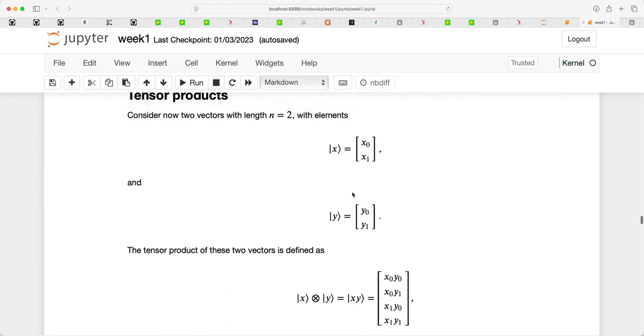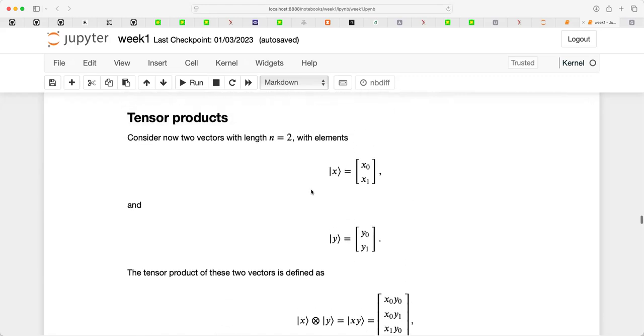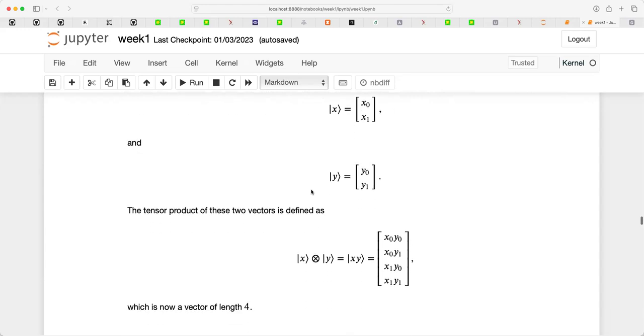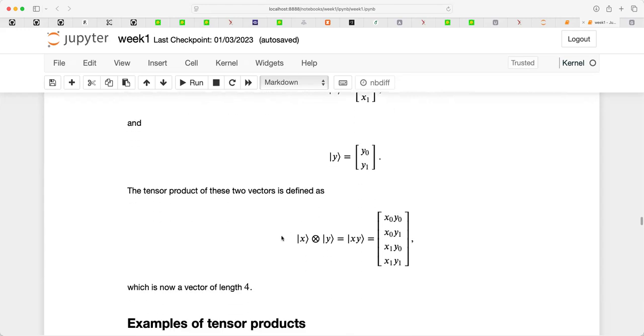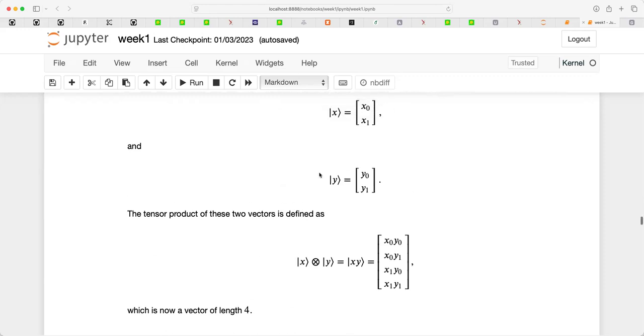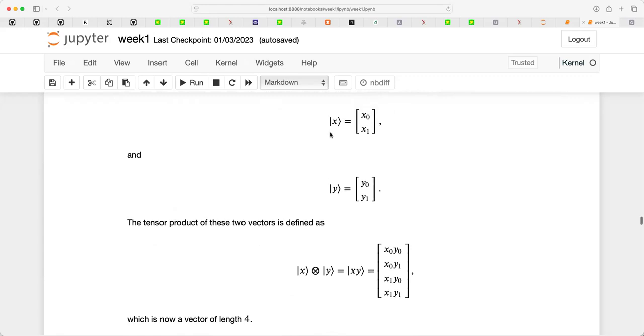I'm going to skip some of these. Then the next part is the so-called tensor products, which we discussed last week. And in that specific case, what we need to pay attention to is that a specific state, when we make up a new state in terms of this representation and this one.